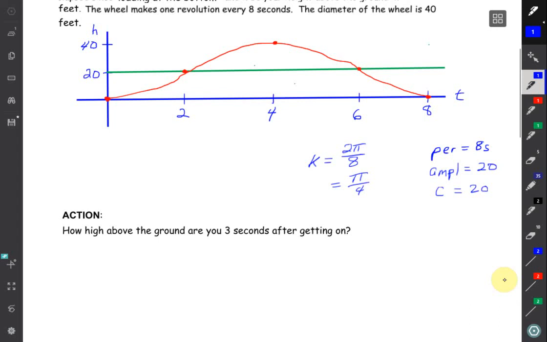Now we're ready to write the equation. So the height is equal to, the amplitude is 20, but this starts at a minimum, so for the A value, it's actually minus 20, cos of pi by 4 t.